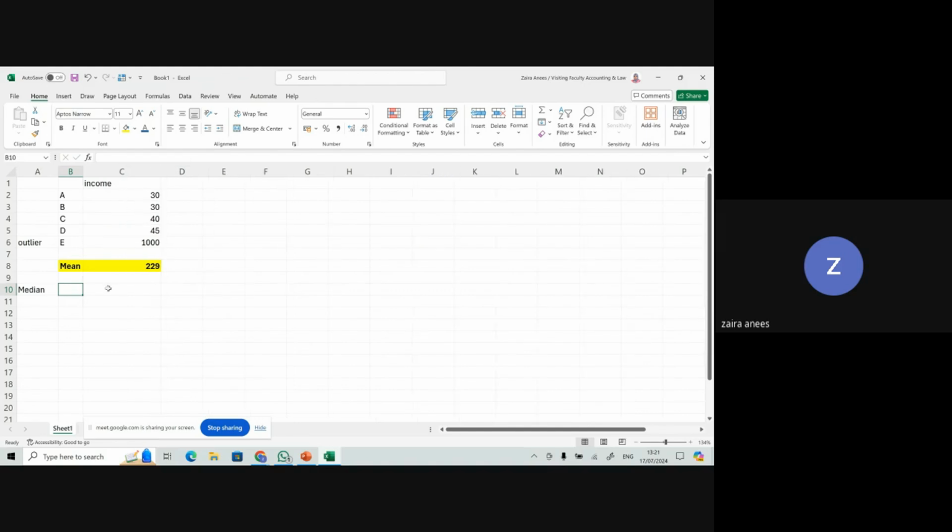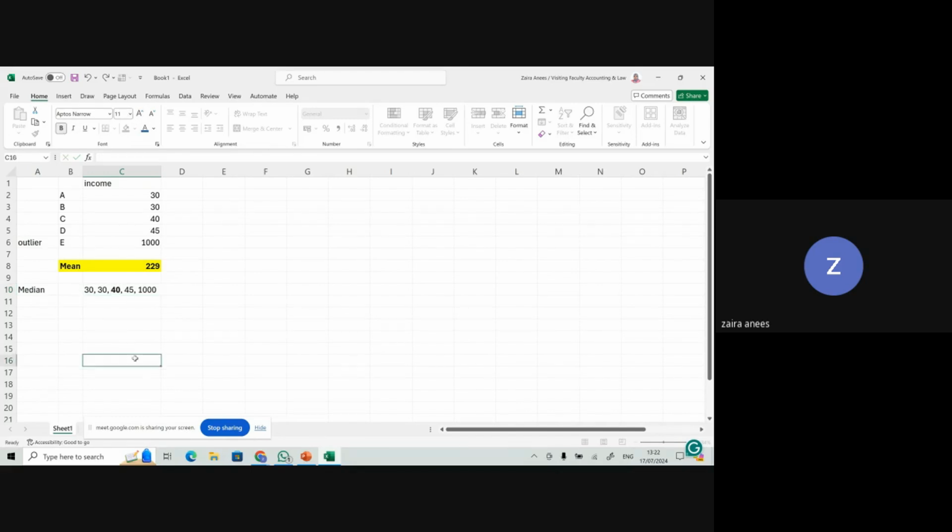So if you put all these figures in a sequence like 30, 30, 40, 45, and 1,000, right? If you put all these figures in a sequence, then the middle value will represent the median, right?